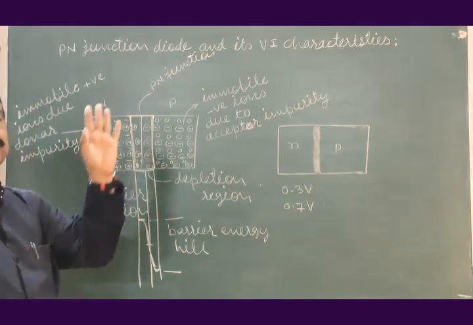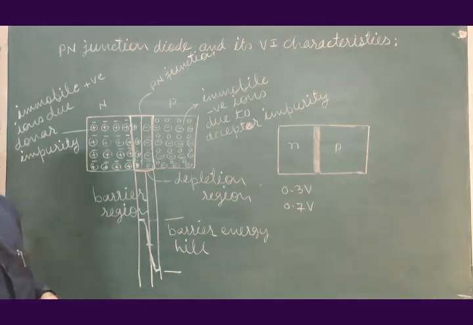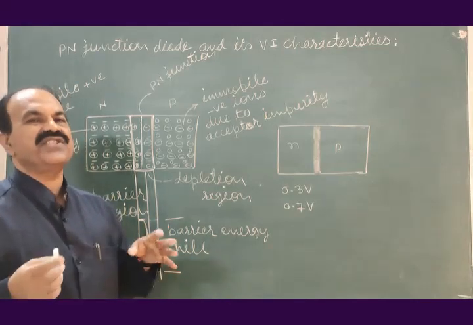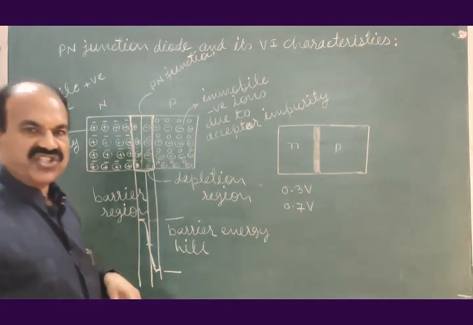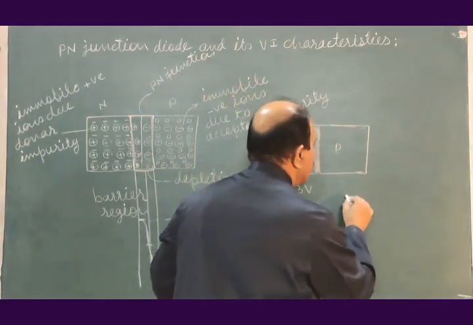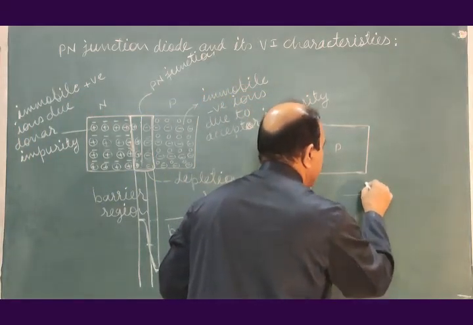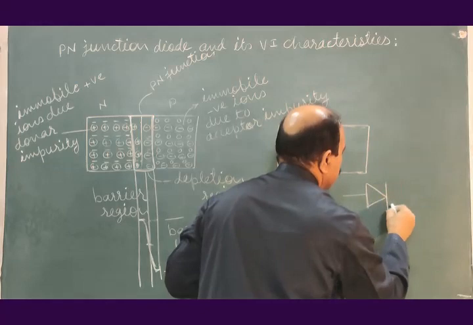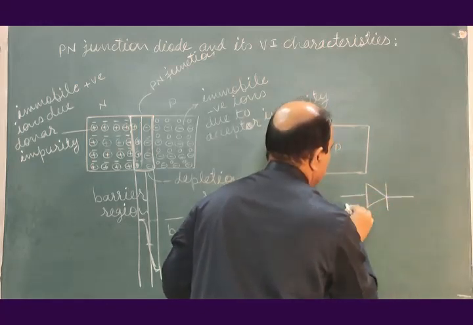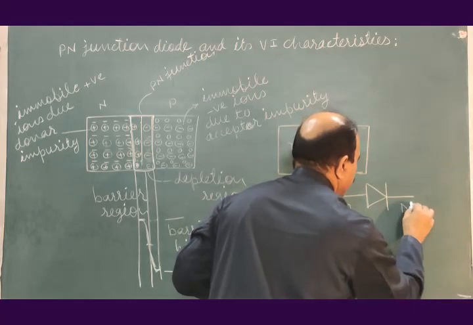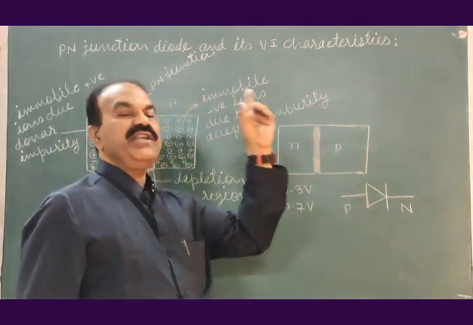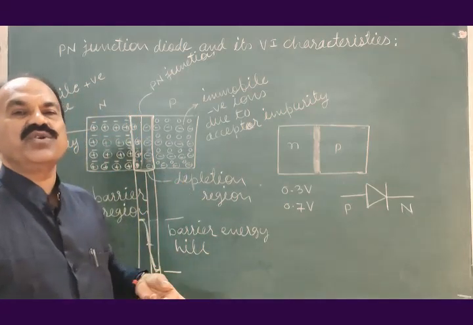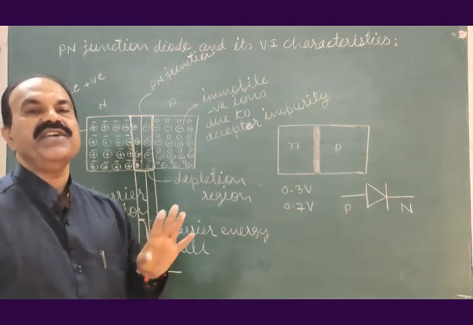Instead, we shall use a schematic symbol to represent a p-n junction diode, and the symbol used for this purpose is this one. This symbol is always used to represent a p-n junction diode in any circuit.